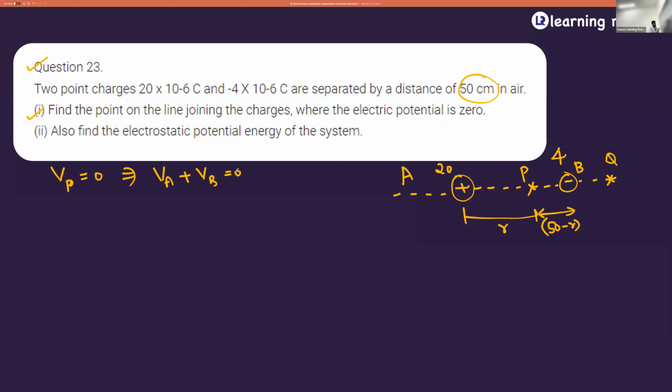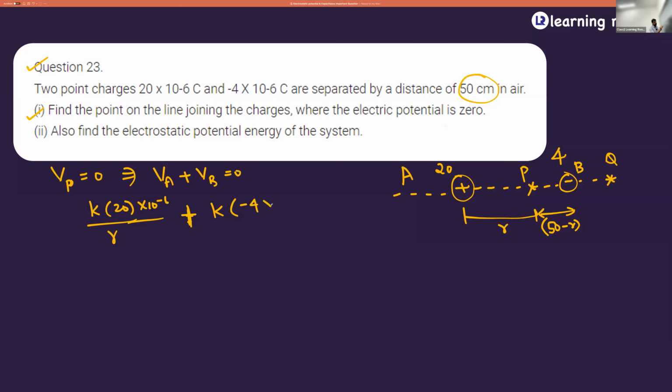So what is the potential due to the charge at A? It is K into 20 divided by this distance R. Don't forget you have a 10 power minus 6. Plus, what is the other charge?